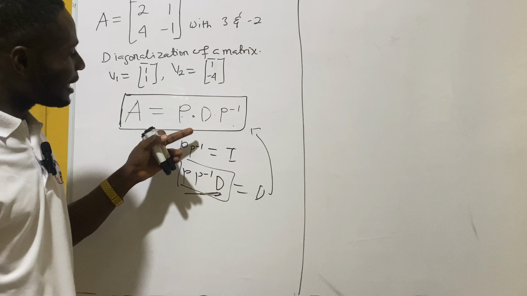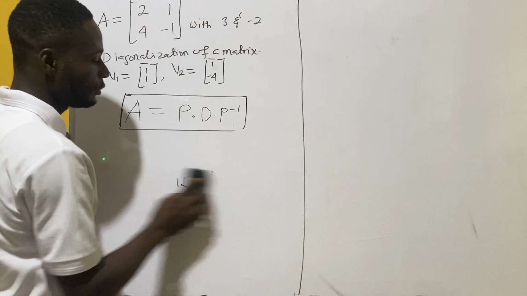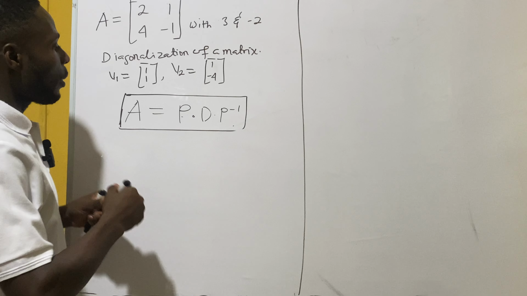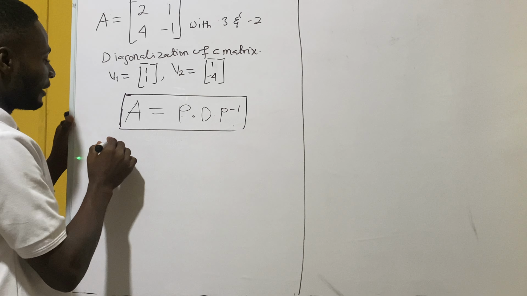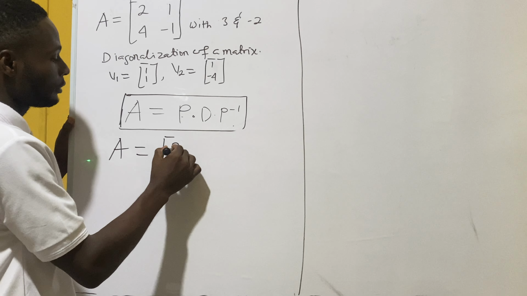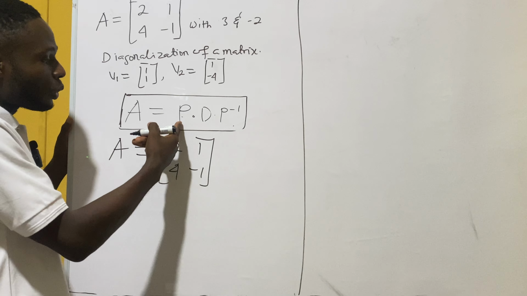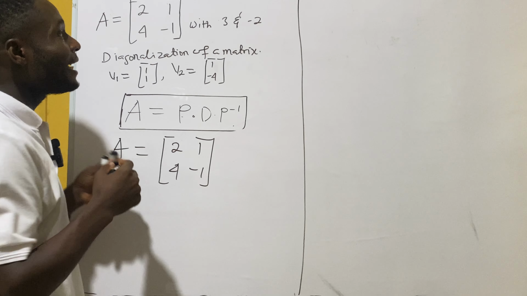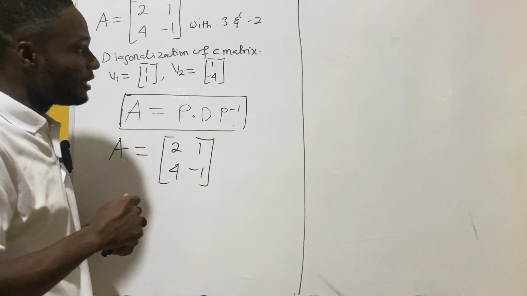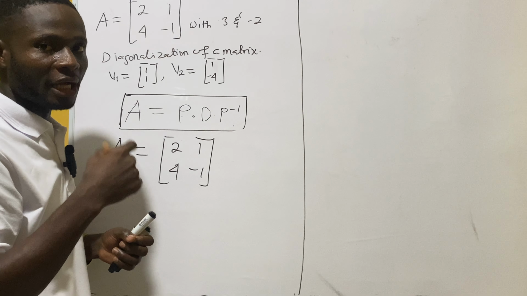So what do P, D, and P inverse mean? Here, our A has been given, that is the matrix. The P denotes the eigenvectors that we have been given.